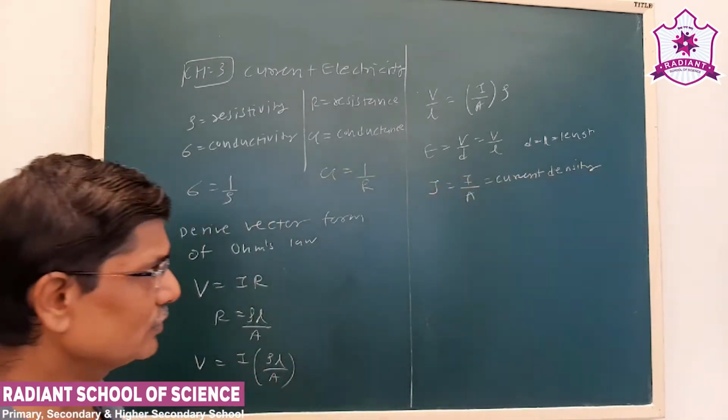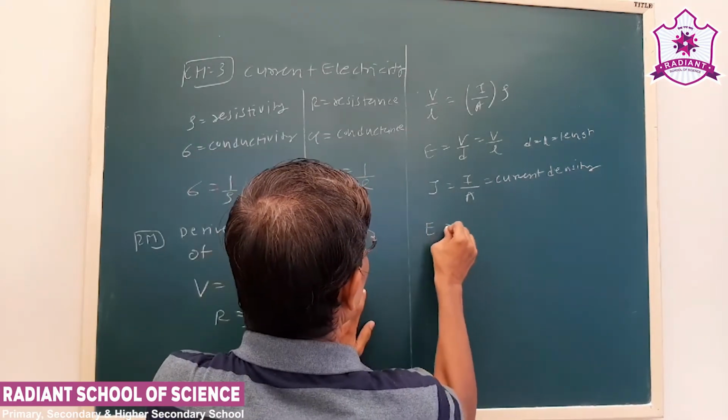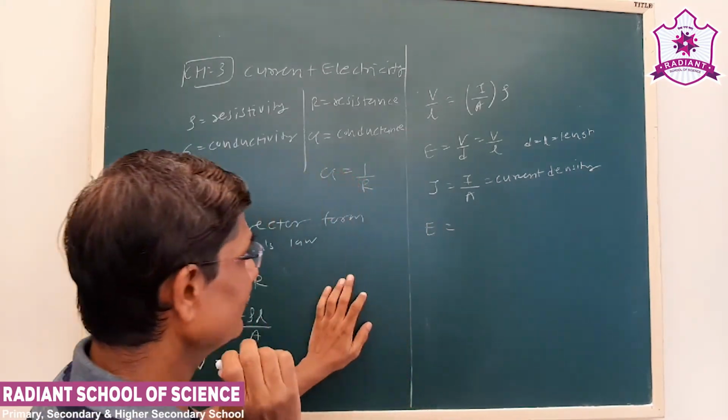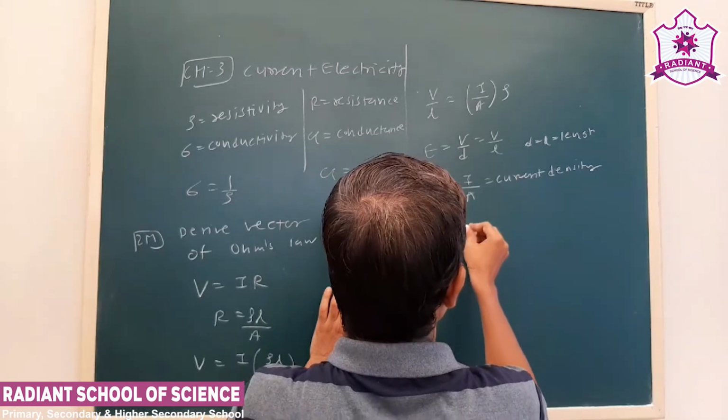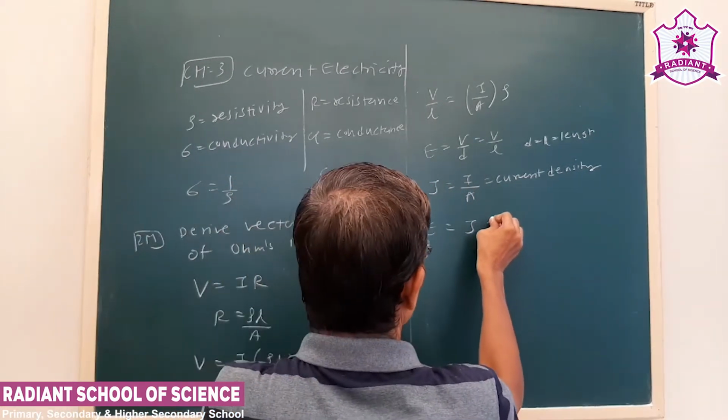Okay, that we are going to see later. So here V by E is E, the electric field, that is a vector quantity, and I by A is J, that is also a vector quantity, and rho.